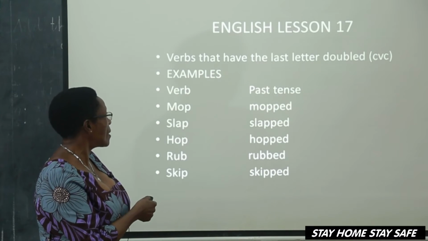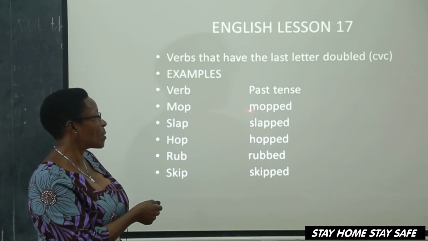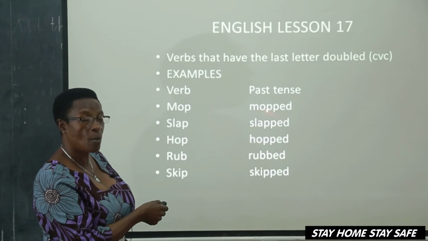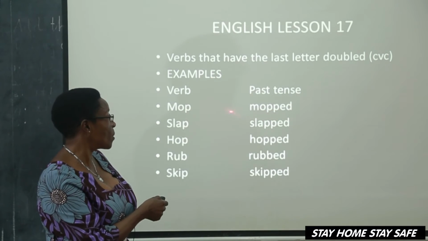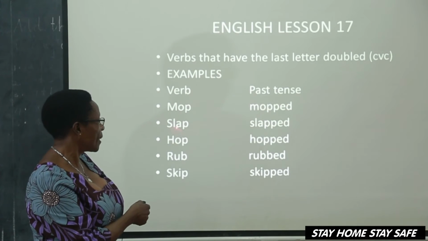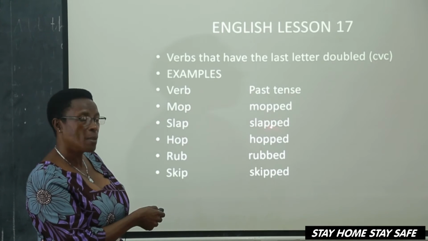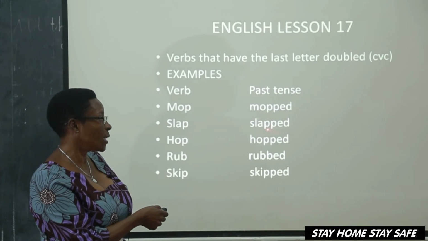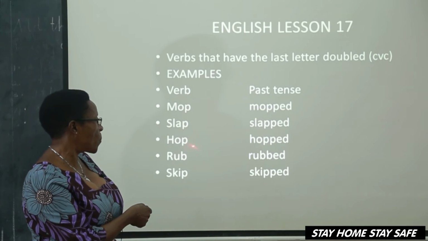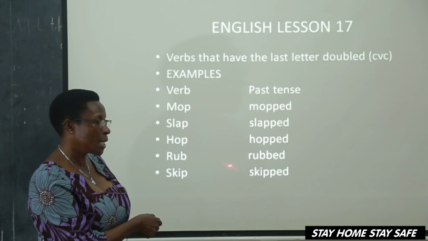Okay, let's look at the examples. Mop. Mop becomes mopped. Do you see how we have doubled? Yes, because it has consonant, vowel, consonant. Another word is slap. What does it become? Slapped. Don't forget to double. Hop, hopped. Rub, rubbed.